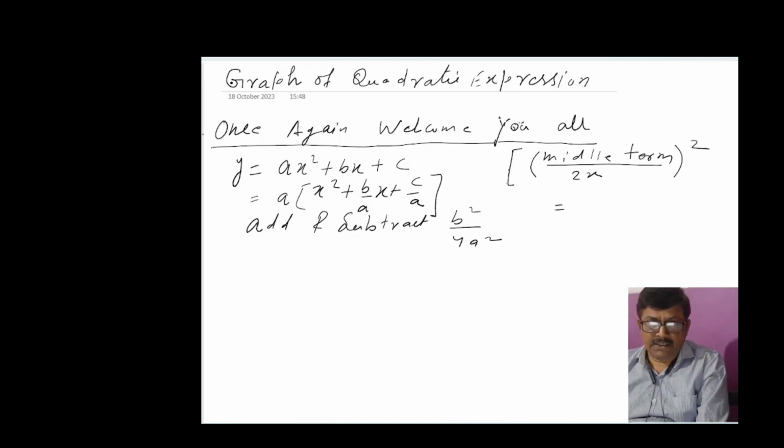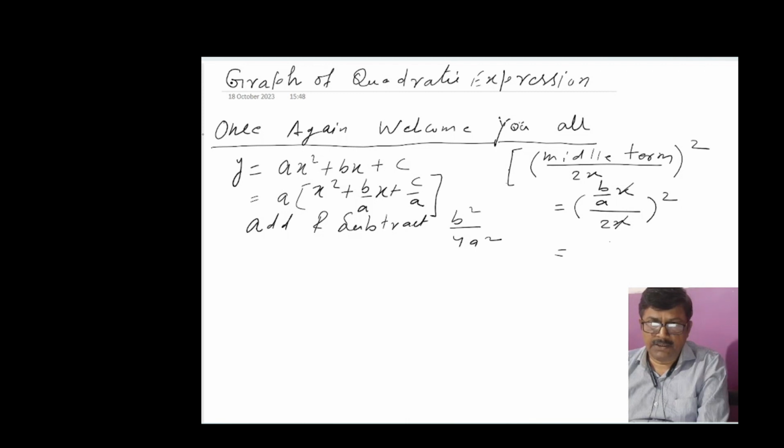So see, what is the middle term? This is our middle term, b upon a into x. So b upon a into x divided by 2x, whole square. Okay. So x is cancelled out.